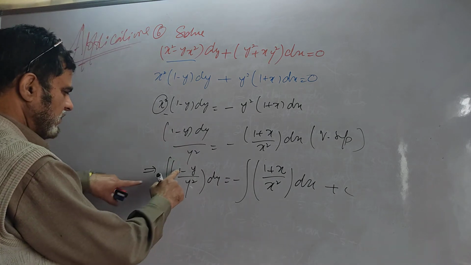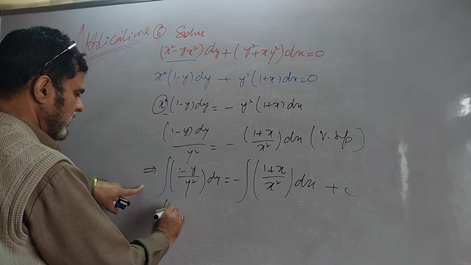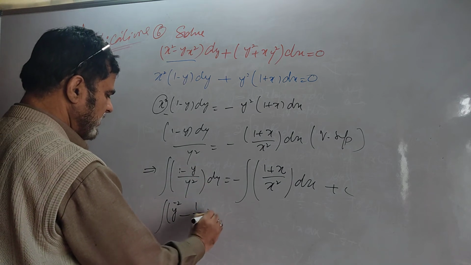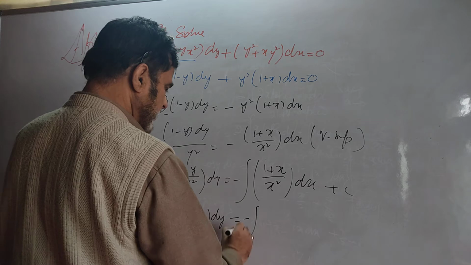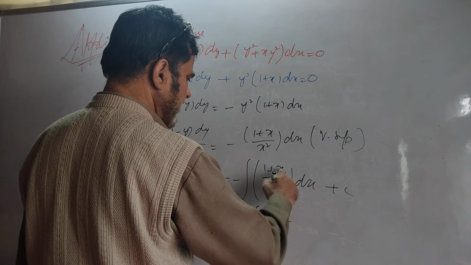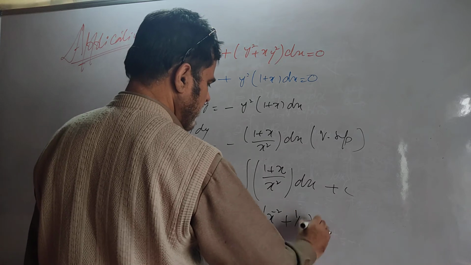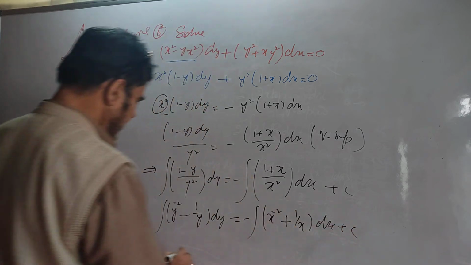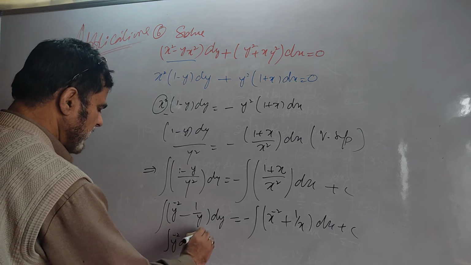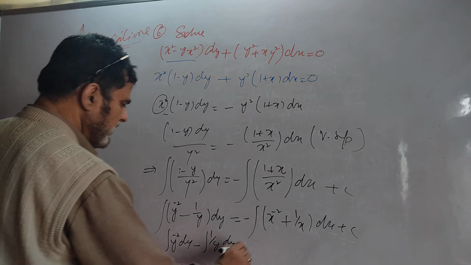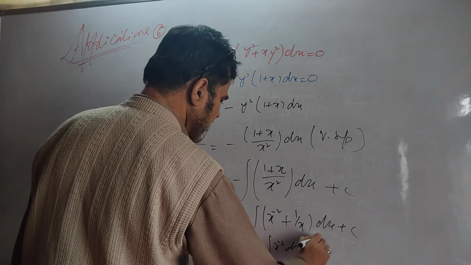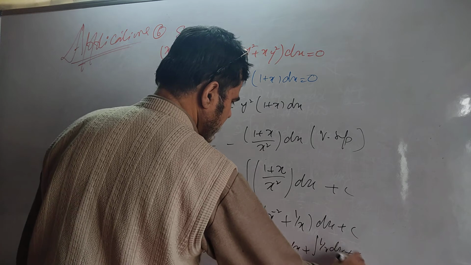This is integral of 1 by y square, it is y raised power minus 2, minus y by y square, it is 1 by y dy, is equal to minus times, this is 1 by x square, x raised power minus 2, plus x by x square is 1 by x dx plus c. Well, it is integral of y raised power minus 2 dy minus integral of 1 by y dy is equal to minus integral of x raised power minus 2 dx minus integral of 1 by x dx plus c.